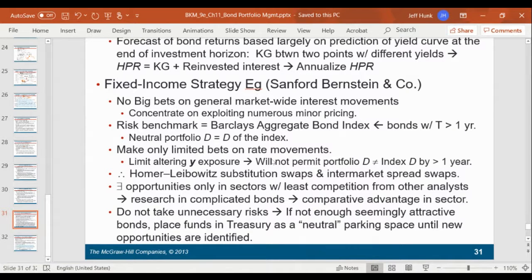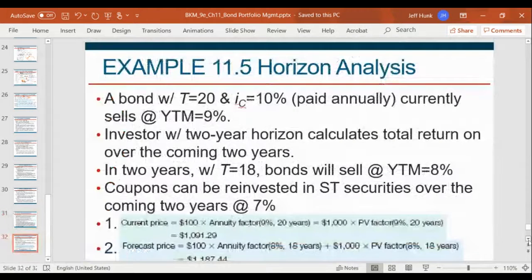They generally don't want to play with interest rate forecasting, but they generally match the duration of the broad market bond index, and also use Homer and Leibowitz substitution swaps and intermarket spread swaps. Okay, so please read that.